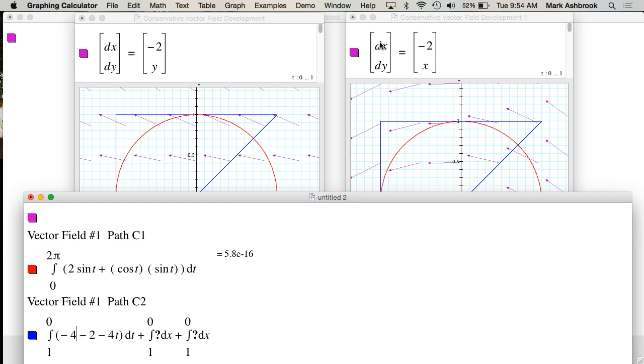Okay, so what was it again? That segment right there was -1 plus 2t and -1 plus 2t. Okay, and then our dt would be 2. So we get -2 plus 4t minus 2 plus 4t.